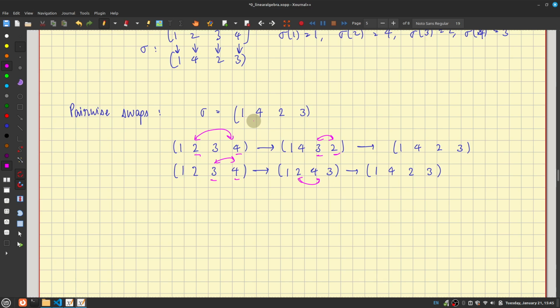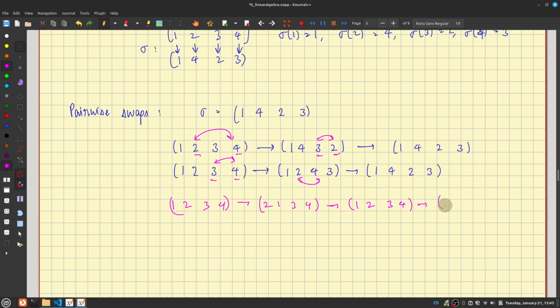But then you can see that to go from one to the other, it need not be just using two swaps. I could, for instance, take 1, 2, 3, 4, swap 1 and 2 to get 2, 1, 3, 4. I could make some unnecessary swaps. Again, swap to get 1, 2, 3, 4.